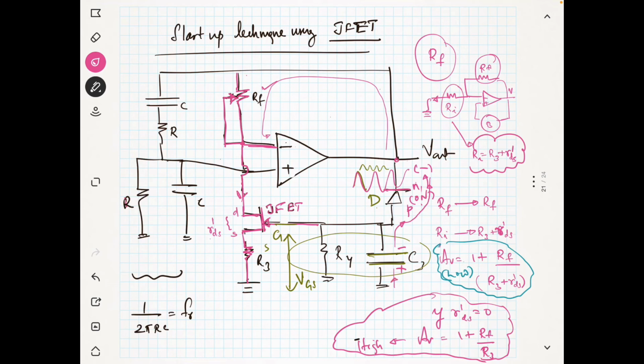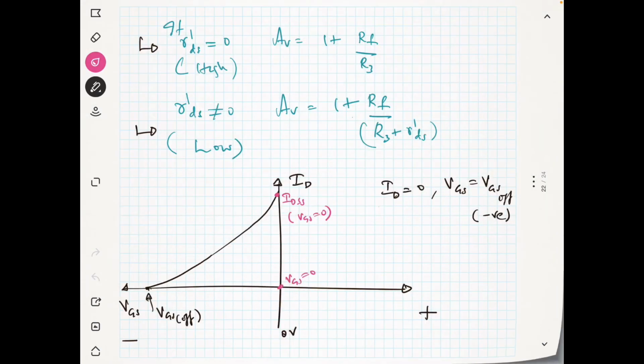So when the output reaches a particular value, that means when the output becomes high, the negative cycles of the output will charge the capacitor as shown.